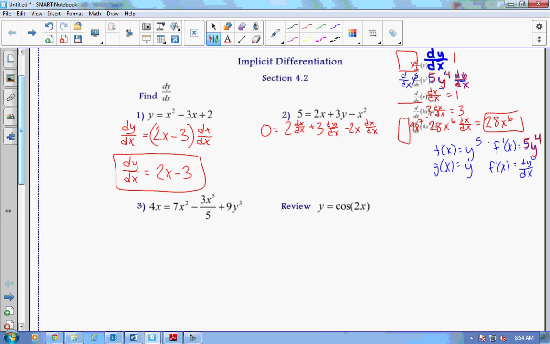Okay, now we know all the dx dx's are 1, so that's just going to be 2 plus 3 dy dx. We're actually solving for it. It's not anything like 1, so it's still in there, minus 2x. Now, can you solve for dy dx? The directions say find dy dx, the derivative of y with respect to x.